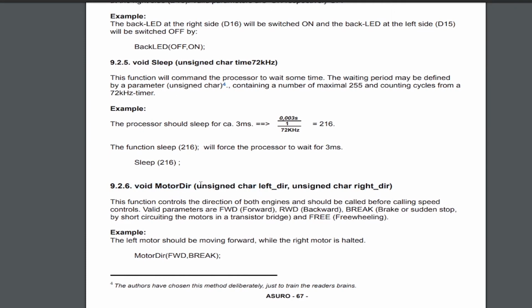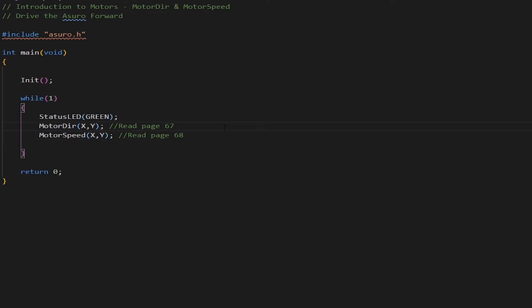It tells you that this function controls the direction of both engines and should be called before calling speed controls. This is an important point: before you adjust the motor speed, you should call motor direction.